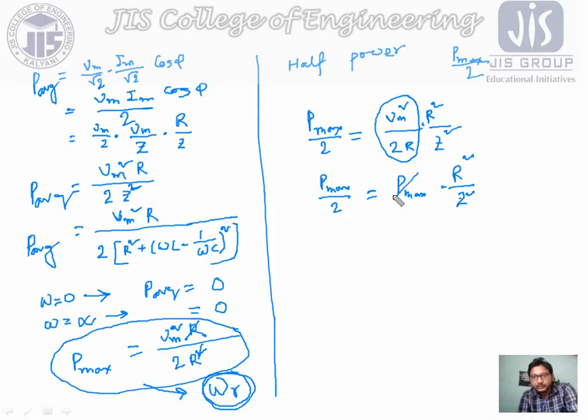P max cancels from both sides, so we can say Z square equals twice R square.